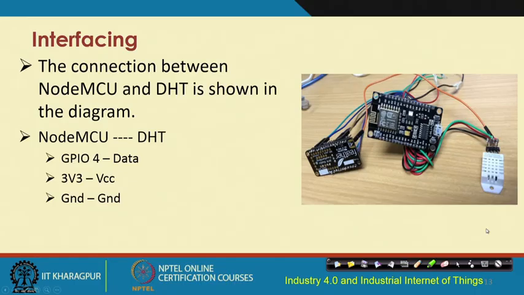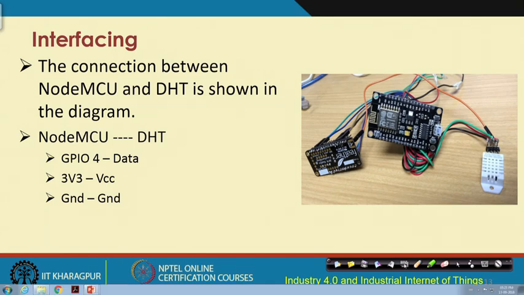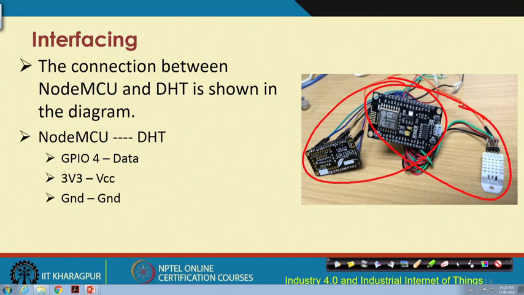Then, for the connection between the NodeMCU and the DHT, this part I have already shown you in the previous slide. Now, for this part of the connection, GPIO 4 of the NodeMCU connects to the data of the DHT. 3V3 is 3.3 volts, and this connects to the VCC, and ground to ground.